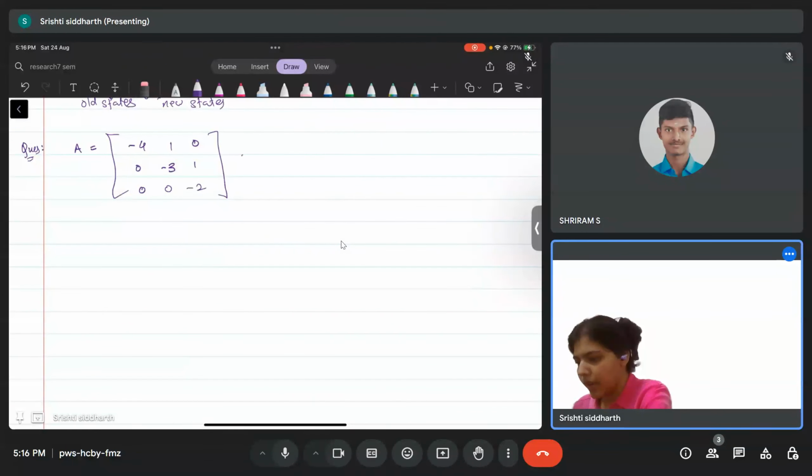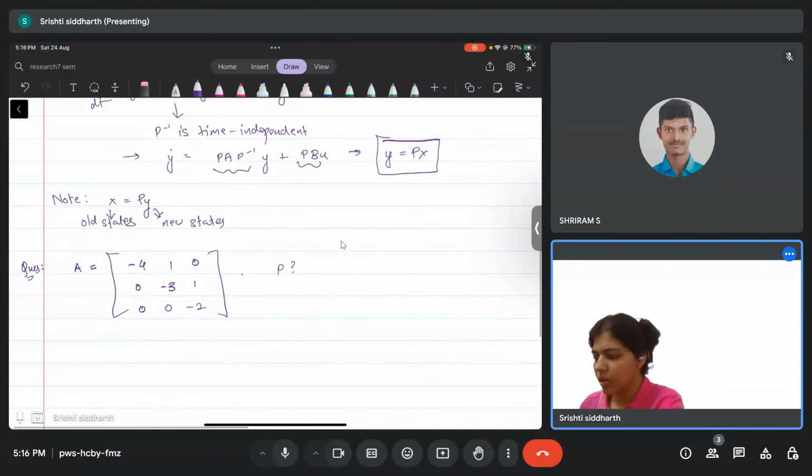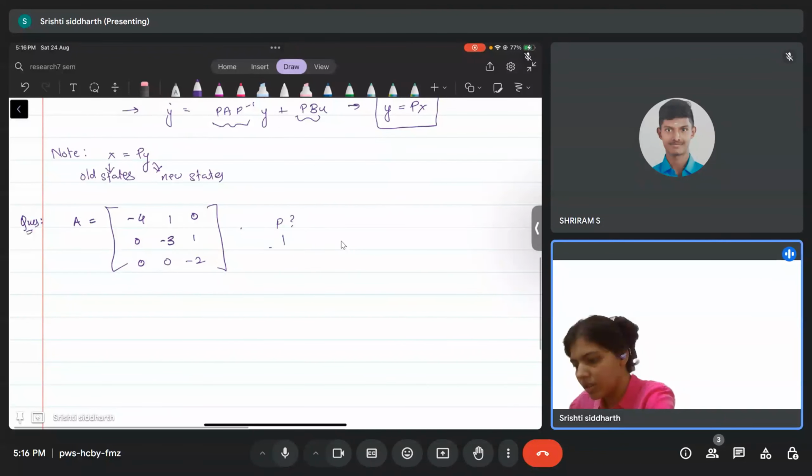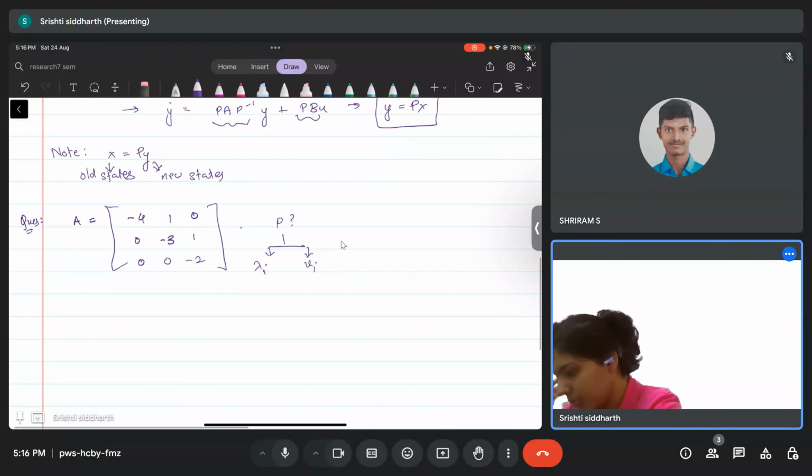So we have to find what P is so that we can find the transformation to the new state. To find P, we need to find the eigenvalues lambda and their associated eigenvectors v. We first need to find the eigenvalues. So let's see, A minus lambda I.